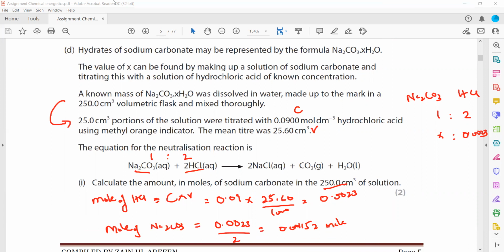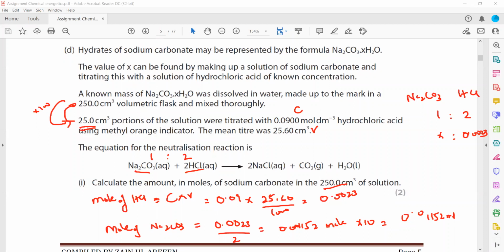Because the volume is 10 times, the number of moles present in 250 will be 10 times the number present in 25. So this value should be multiplied by 10, and we get 0.01152.